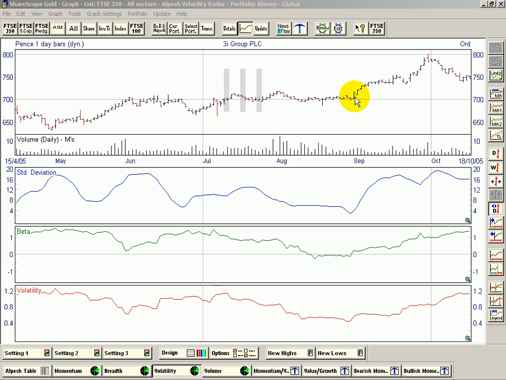So that's the standard deviation. The beta is again a measure of volatility. What that tells me is how the stock is moving in relation to the broader market, i.e. the FTSE 100 in this case. The beta is a measure of the degree to which the stock is expected to rise and fall in proportion to the rise and fall of the index.